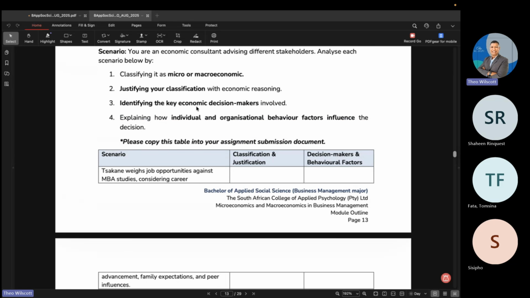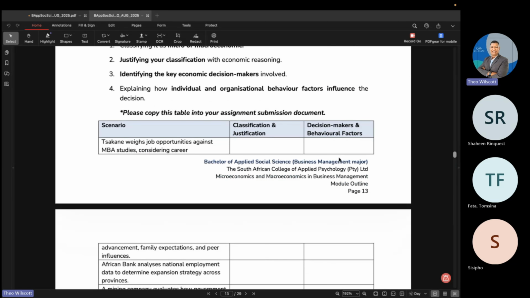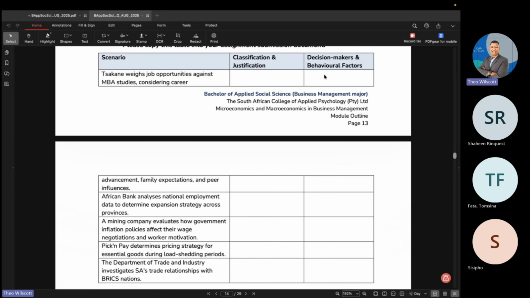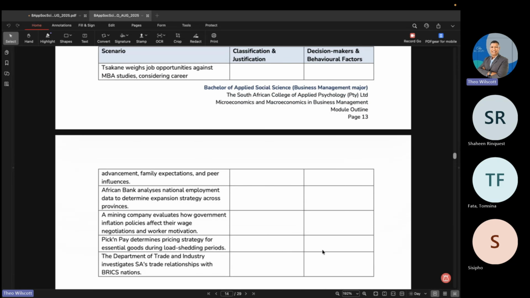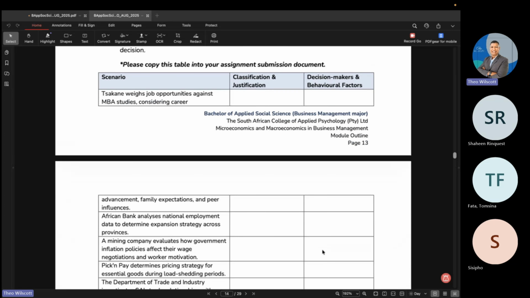Justify, identify key decision-making, individual, organization, behavior, factors. Okay, it's not that either. So it's mostly 1.5 marks for decision-making and behavioral factors if I add them up like that, which is quite silly. I didn't even spot that. But it's just who makes the decision, and then why. Basically, why did they make that decision, bearing in mind the behavioral factors, there's a list of them in the textbook.